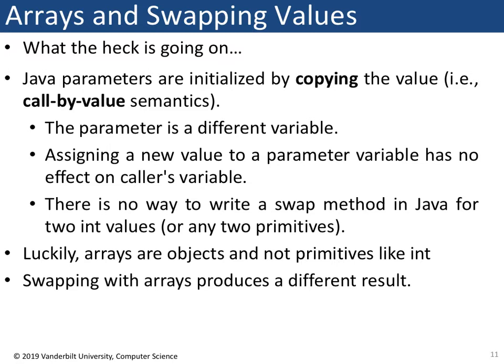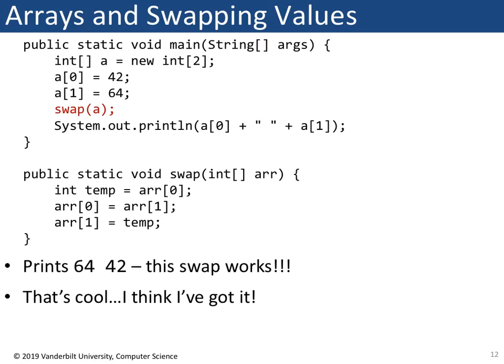Luckily, arrays are objects. They're not primitives. So we can build a swap method similar to the one in the previous slide that will work for arrays. So let's look at this code that implements a swap method to swap two elements in an array.